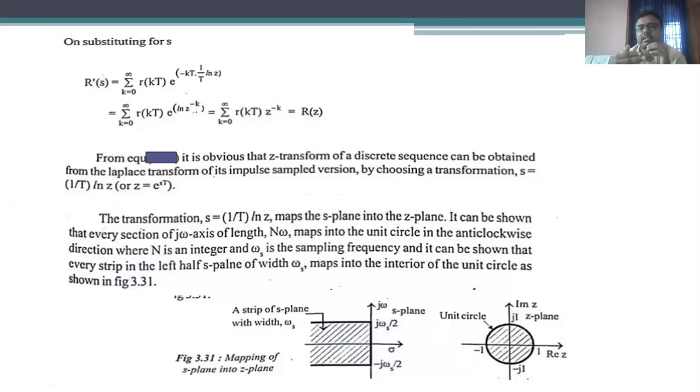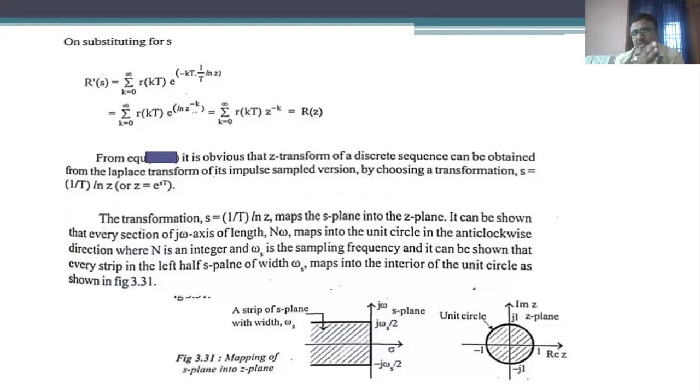That means the Z transform of the discrete signal can be obtained with the Laplace transform of the impulse sampled signal with the transformation condition S is equal to 1 by T into log z. That means the left hand side portion of the S plane has to be mapped with the interior portion of the unit circle in the Z plane.